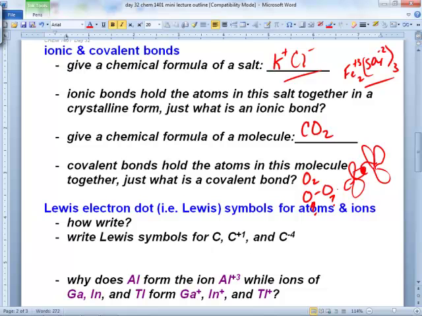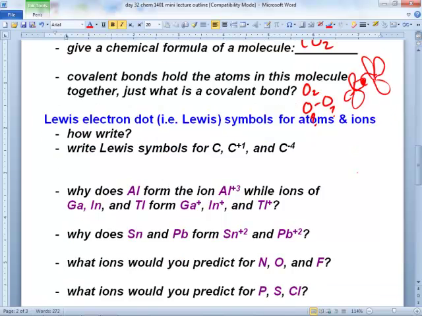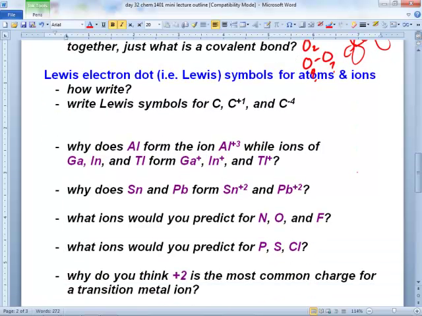They're just being shared. And that's a very strong cohesive force. It takes a lot of energy to break it. So technically it's orbital overlap, or just sharing of electrons. Nobody knows whose electrons are whose. They spend a lot of time between those two oxygen nuclei. Okay, that's our little review.